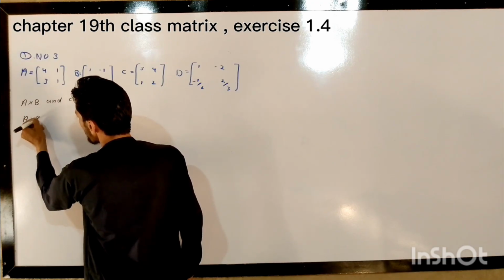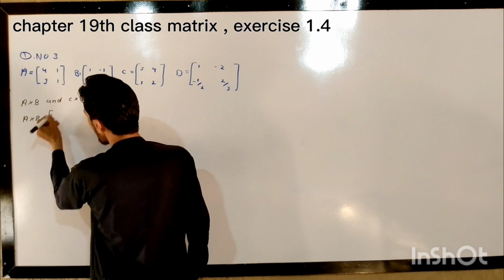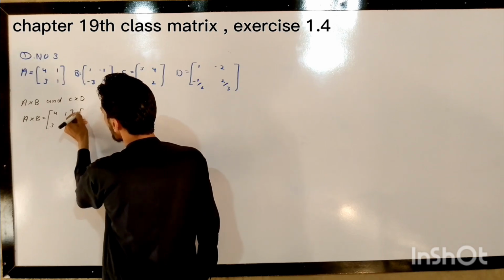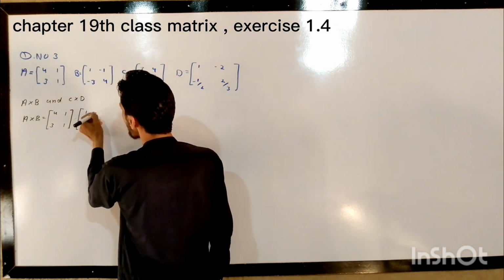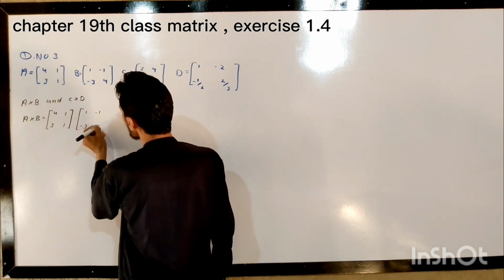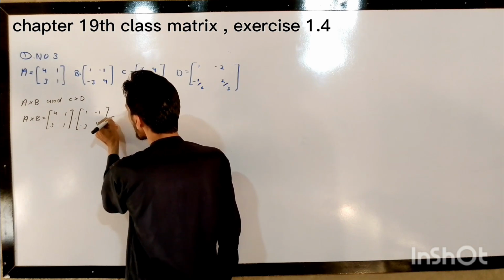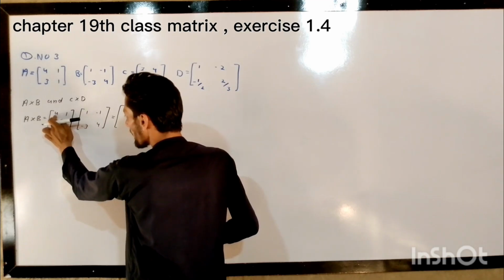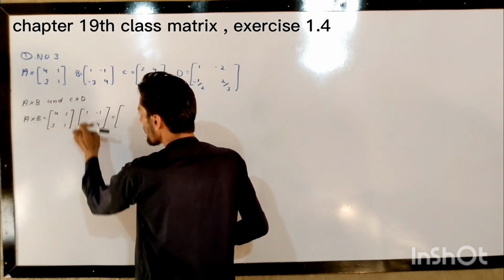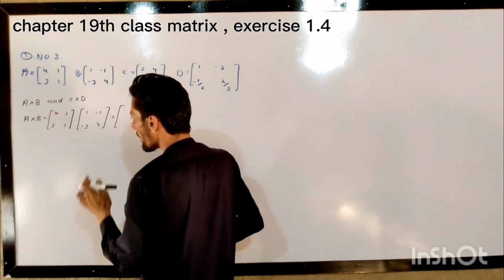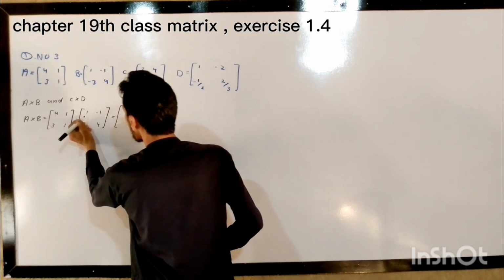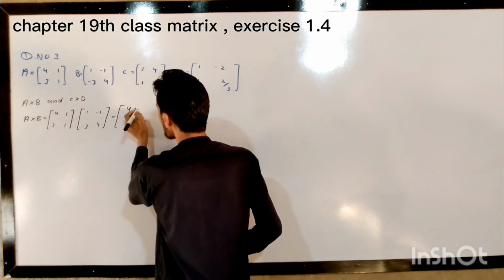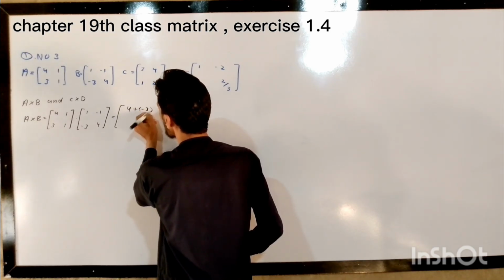A cross B is equal to matrix A, 4 1 3 1, dot matrix B, 1 minus 1 minus 3 and 4. Giving a simple product to it, we multiply the rows with the columns and check the result. 1 cross 4 is 4, plus 1 cross minus 3 is minus 3.